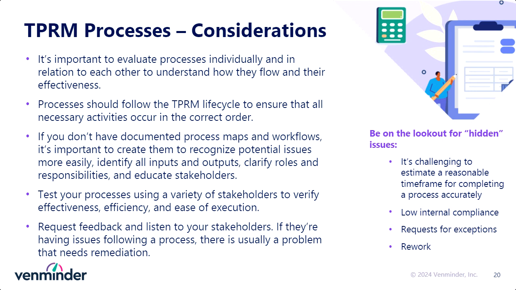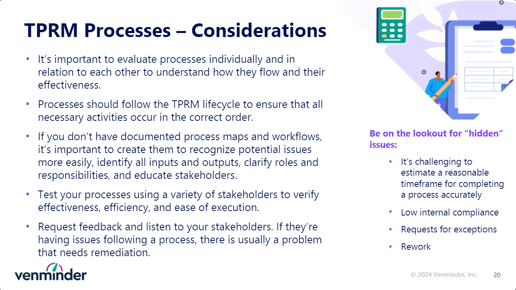And if you don't have them, it's so important to create documented process maps or workflows, because this is going to be instrumental in helping you refine those processes or spot issues. We also want to make sure processes are tested and that we use a variety of stakeholders in that testing, and then that we get their feedback, right? Because if they're having issues following a process, it usually means there's a problem.